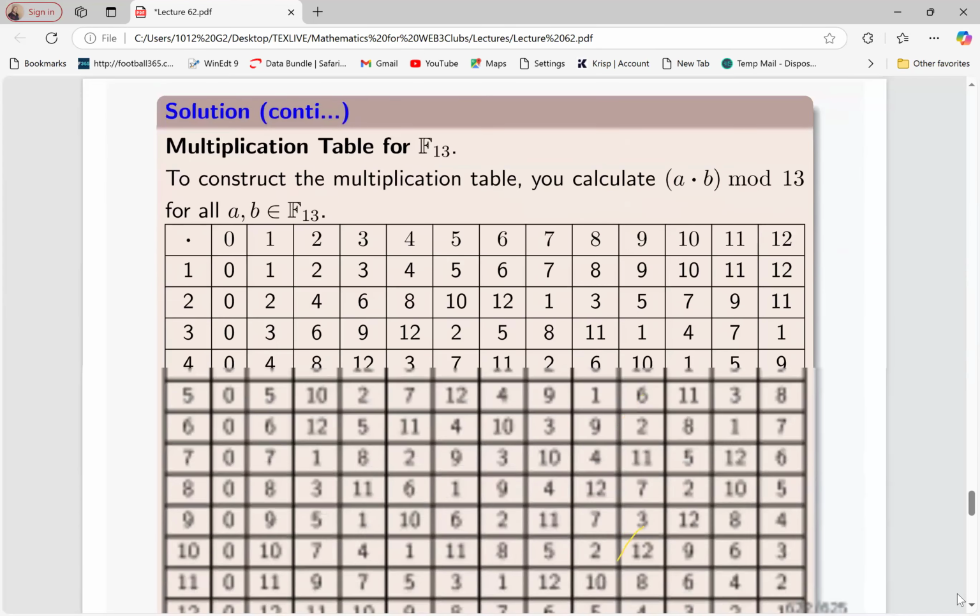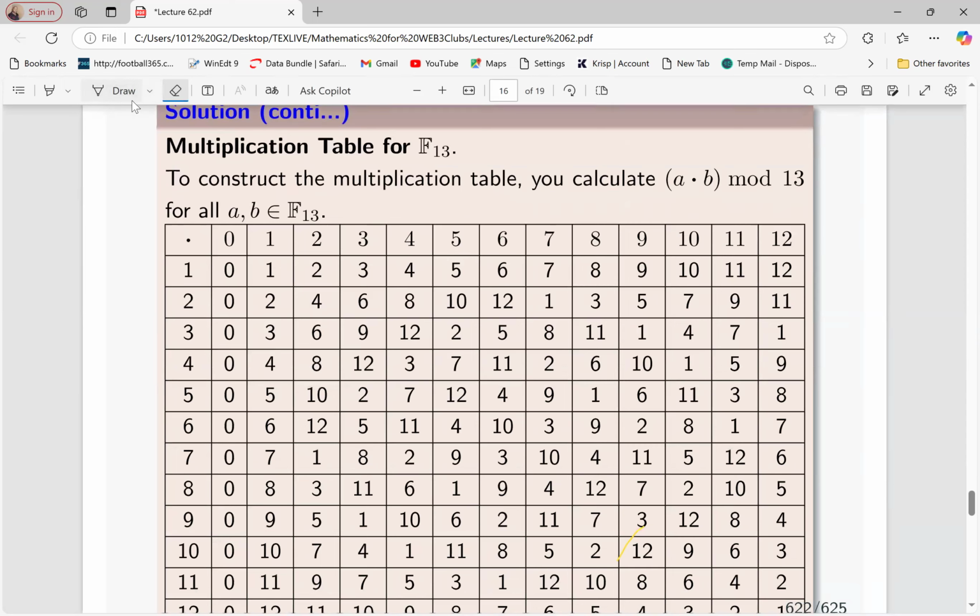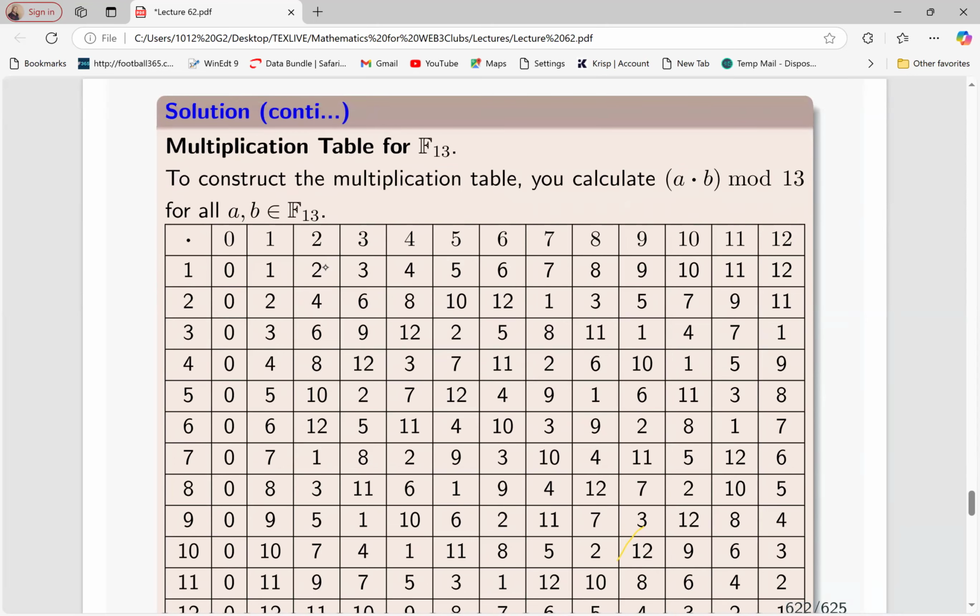What about the multiplication table? If it were groups, we would remove this 0, for instance. If it's multiplication, we would remove the zeros because it cannot be a group if it has a 0. But for fields, the 0 is there. Now we're just multiplying. For instance, 2 times 3 will be 6.